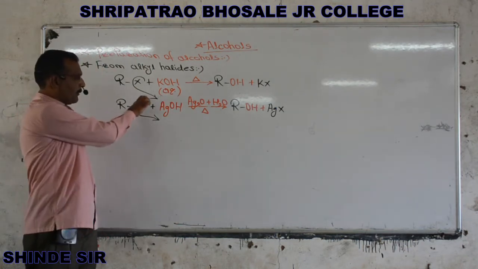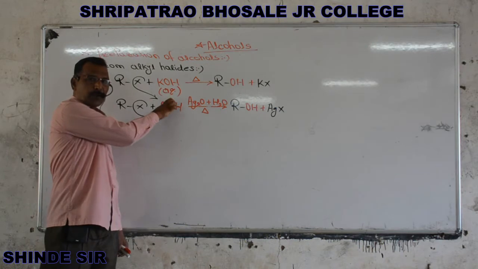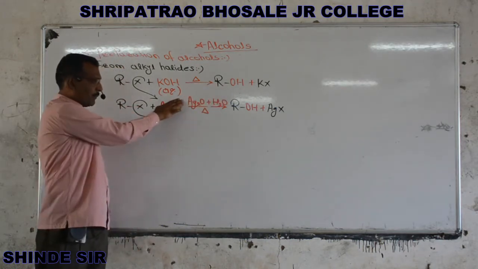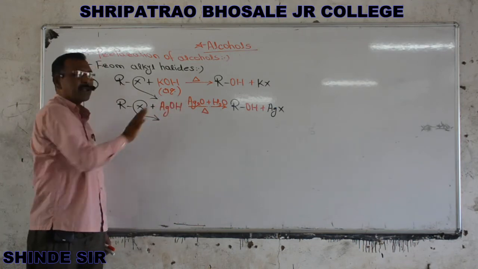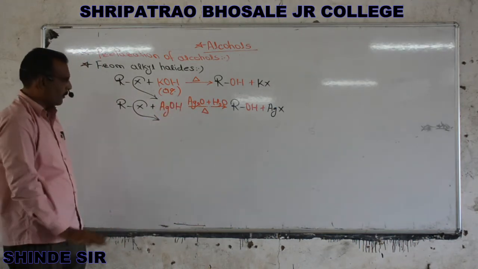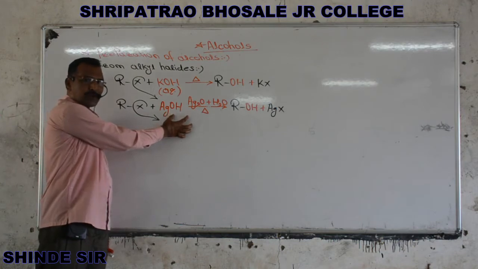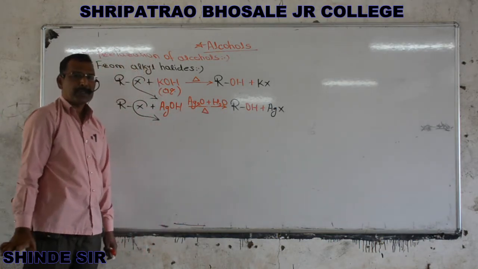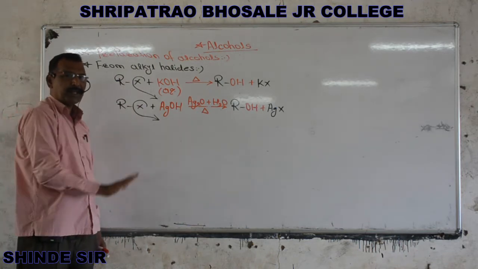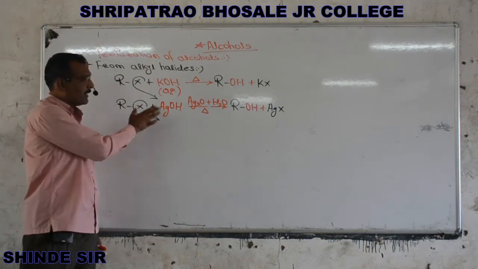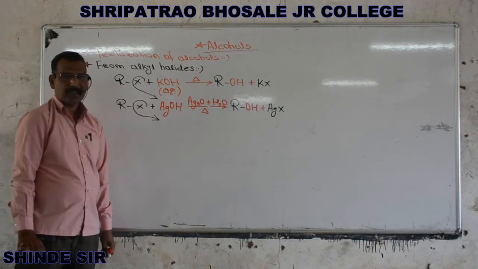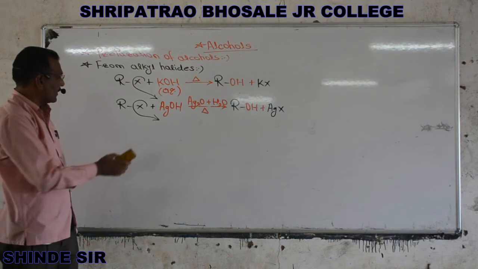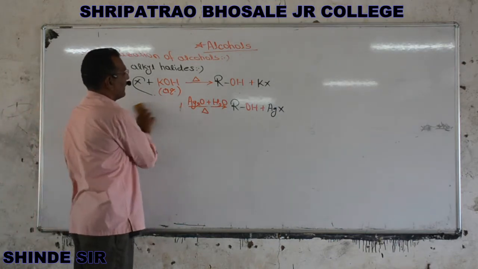Ethyl bromide when heated with aqueous KOH gives ethyl alcohol, or alternatively, ethyl bromide when heated with moist silver oxide gives ethyl alcohol. We already studied this reaction using alkyl halide. Is it clear? Okay.